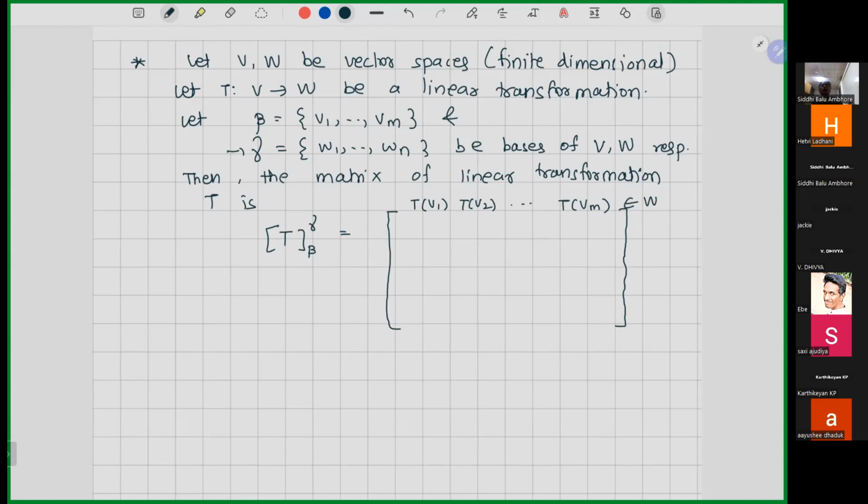So I take the corresponding linear combinations of T of v1 in terms of the wi's, and I write the corresponding coefficients as columns. The resultant matrix is an n cross m matrix.